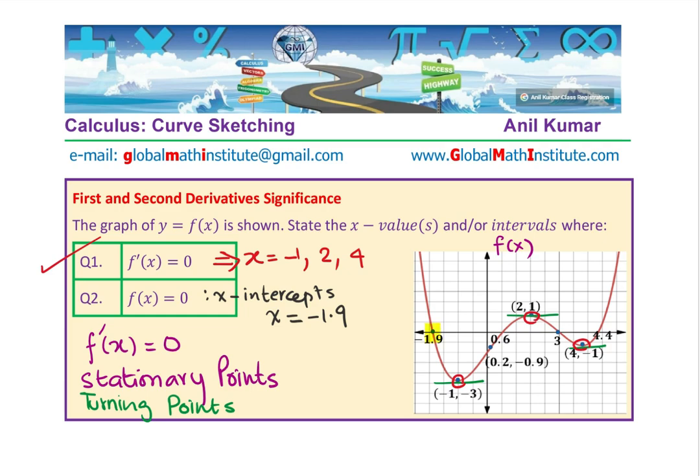The other three I've highlighted. So let's write down these values: then we have 0.6, then we have 3, and then the last one, 4.4. So those are the four x-intercepts highlighted in yellow. Perfect. So we got the second one.